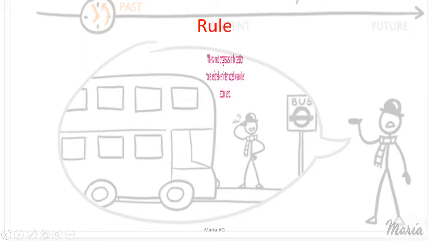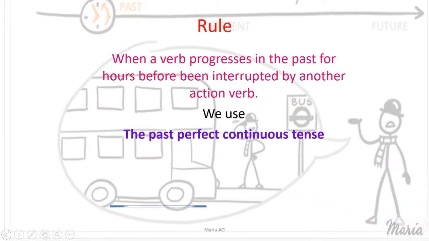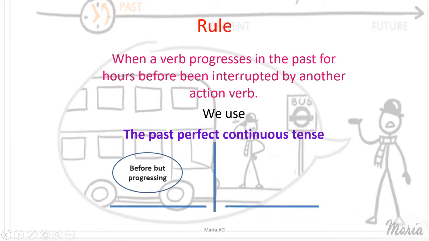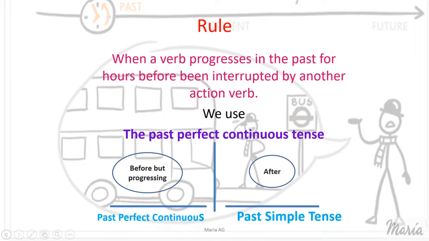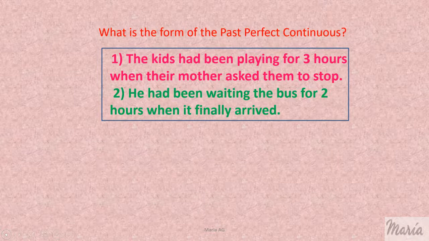The rule says, when a verb progresses in the past for hours before being interrupted by another action verb, we use the past perfect continuous tense. What is the form of the past perfect progressive tense?